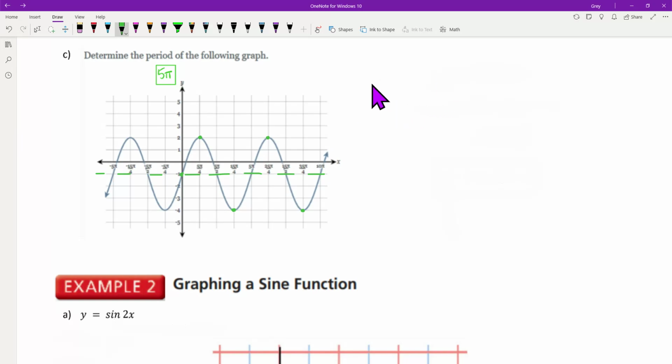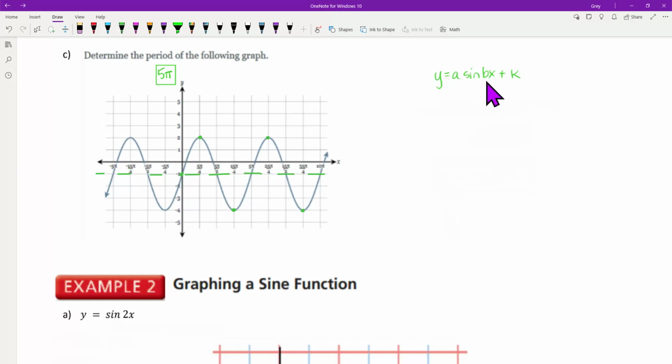So that means this is the sine function. Technically, every sine function can be written as a cosine function, but I'm telling you the easiest one to pick. If you want to know more about that, we'll get into it later. Because it's starting at the midline, it's the sine function.